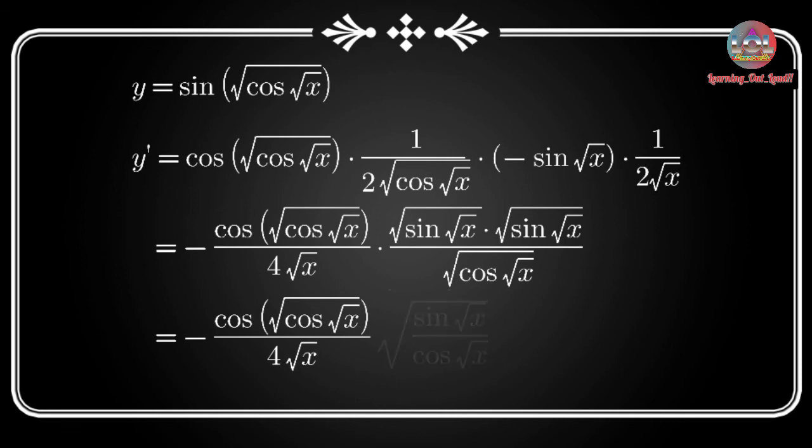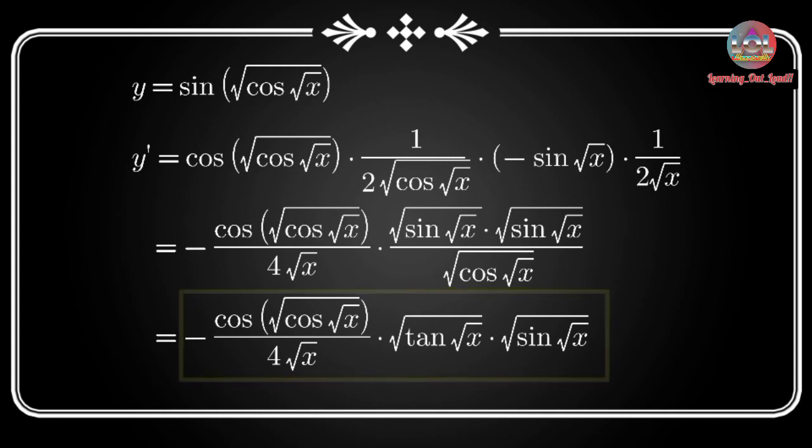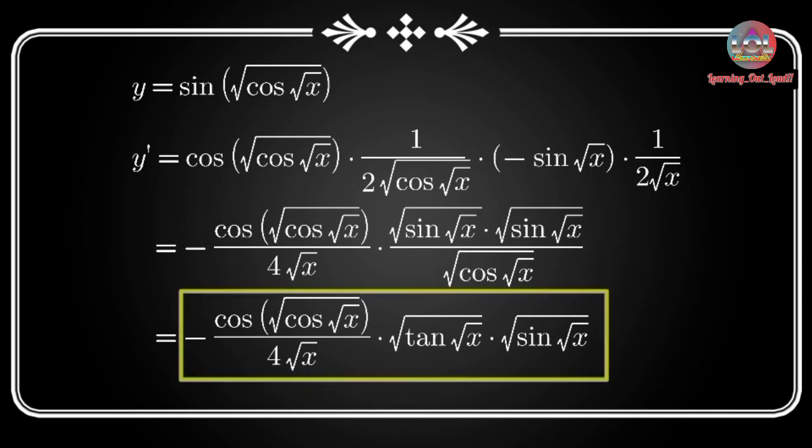So I have taken root tan root x. And the sin root x under root, which has been left out, is also taken into consideration at last. So now the expression which you are seeing on the screen is the final expression we obtained. And this is our y dash.